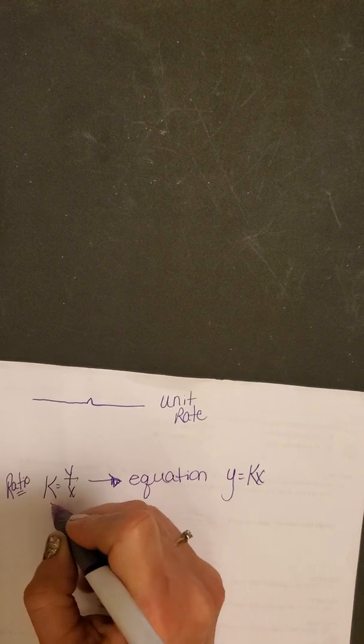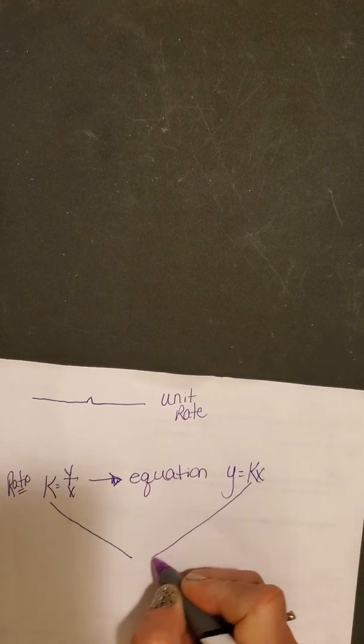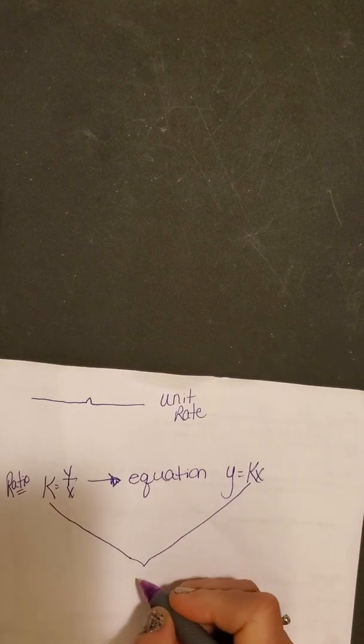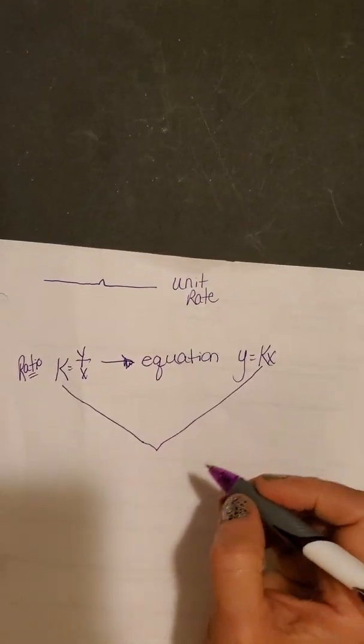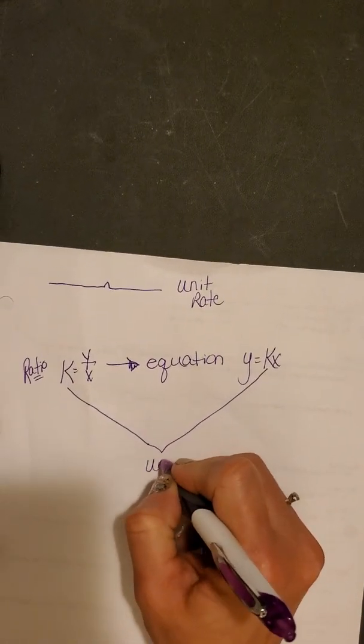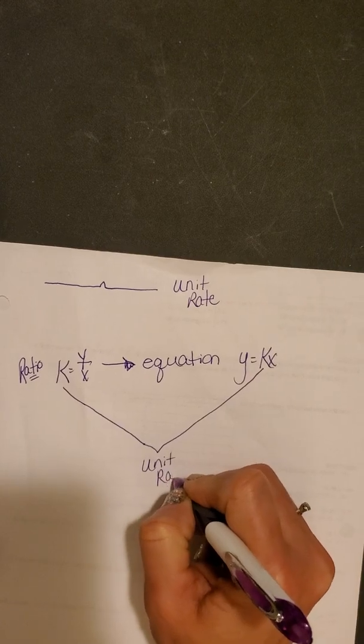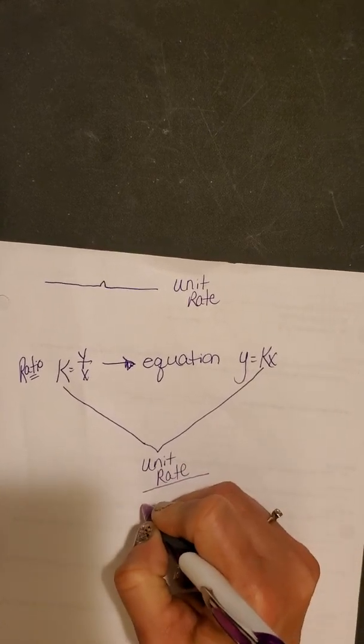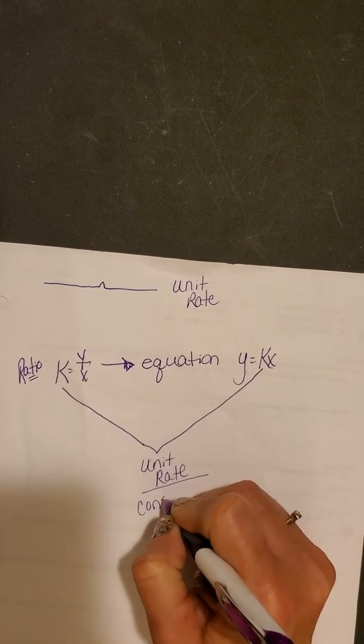And k right here and right here, your k is the unit rate. K is the constant of proportionality.